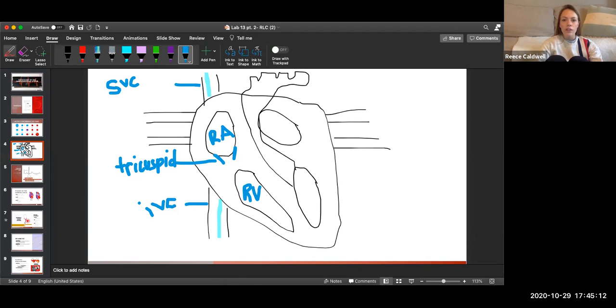All right. Okay, so blood enters the heart in the right atrium, flows through the tricuspid valve, enters the right ventricle, and it's still deoxygenated, and we need to get it oxygenated. So we are going to send it through which vessel?